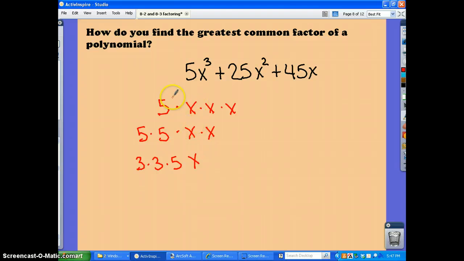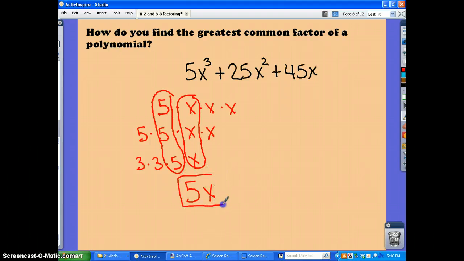As I look through it, I have one complete set of 5s here, so I know that's a common factor. I know I have one set of x's. Here, I don't have enough x's all the way down, and I have an extra one here. So my greatest common factor is just going to be 5x. And that's all there is to it, really, just to find your greatest common factor.